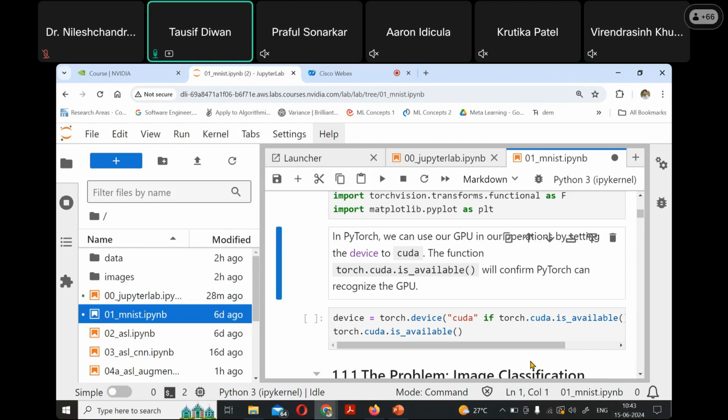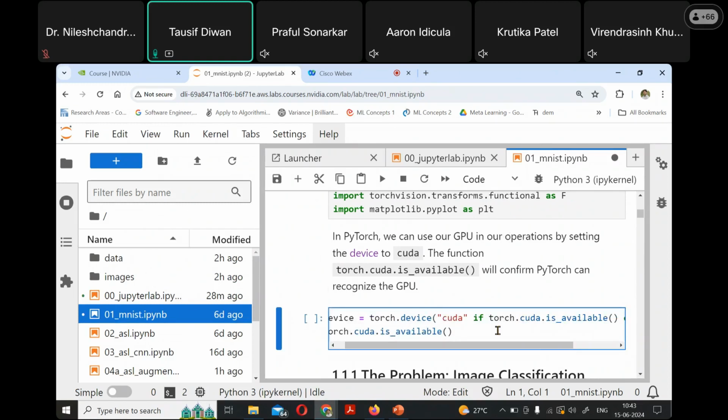See, first of all, we need to identify whether CUDA is available or not. So first of all, we will check if torch.cuda.is_available. It returns a boolean value. If it is true, that means CUDA is available, so we will set the device to CUDA.